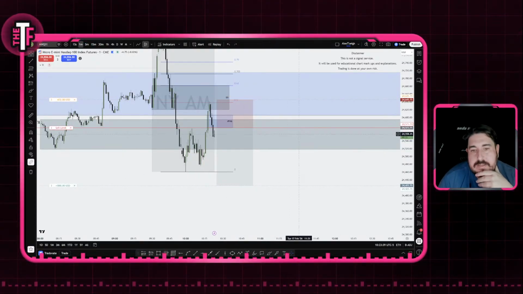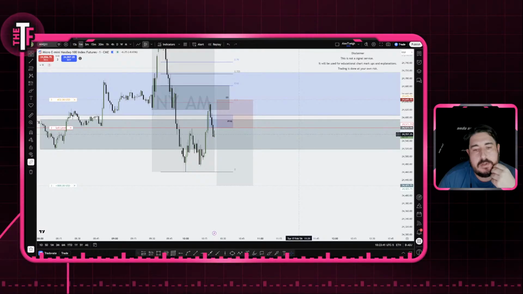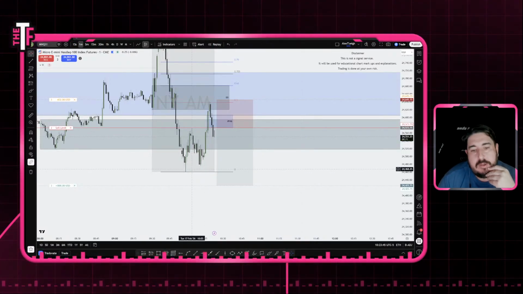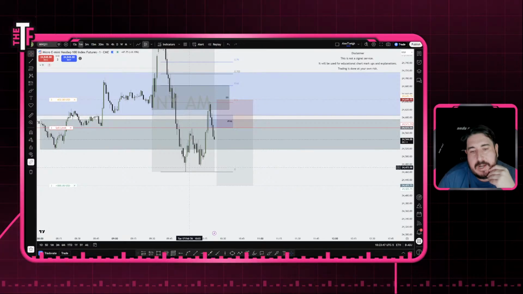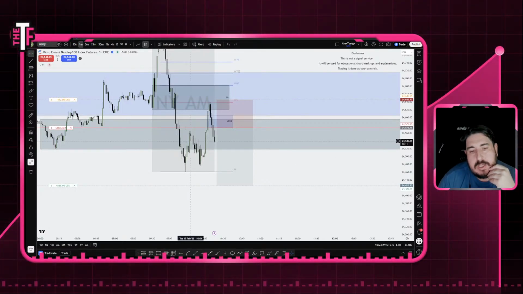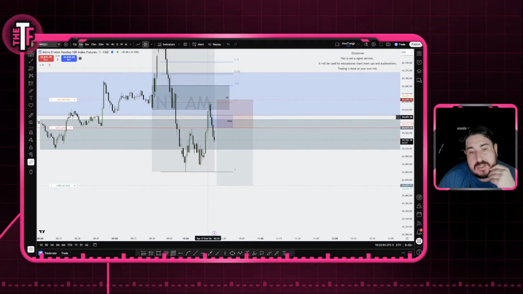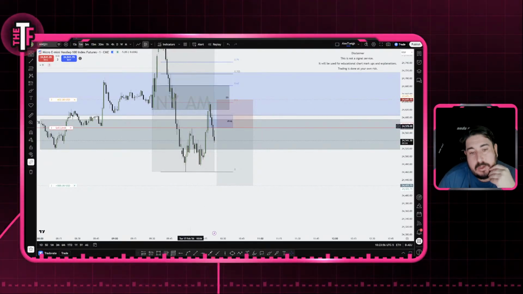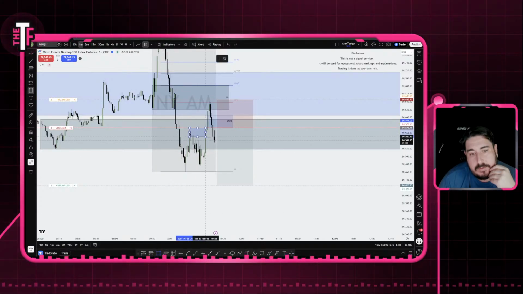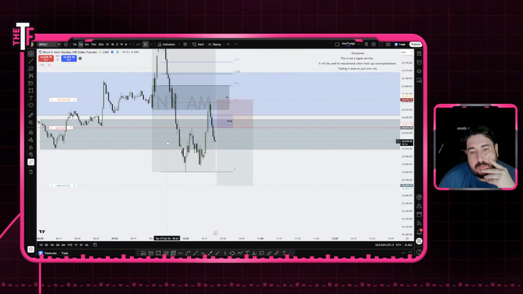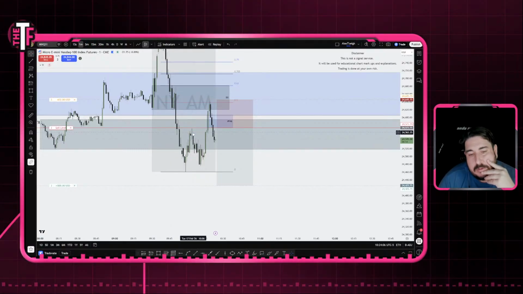Is it going to tag us? Are we going to stay out of the move? And look what the logic of a trap is, because here many ICT traders saw this as a shift and they are entering from this breaker. Look, but what happened to them? They are trapped.